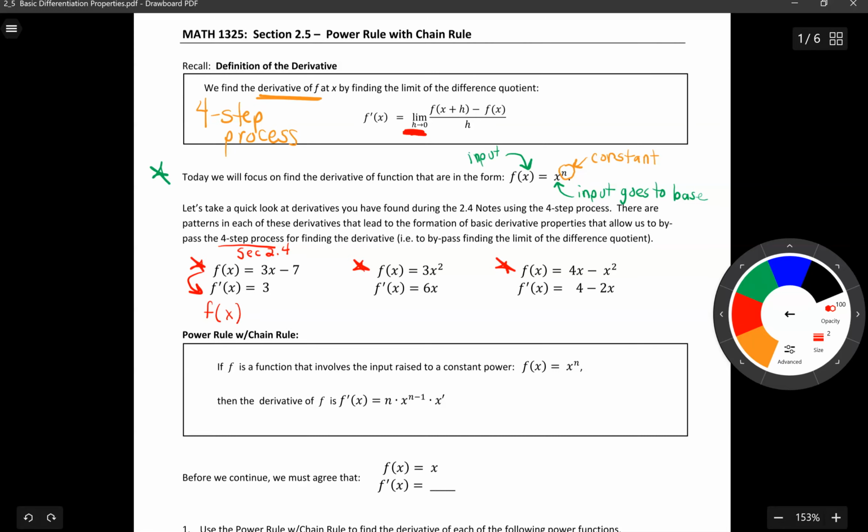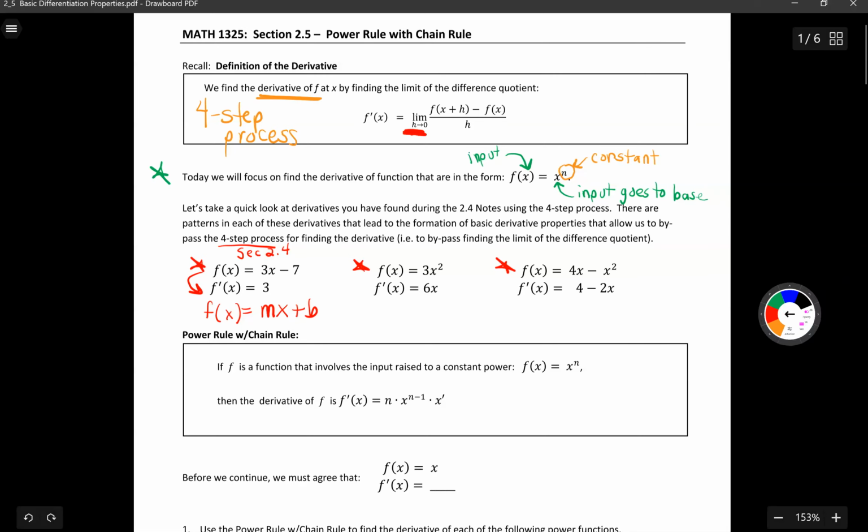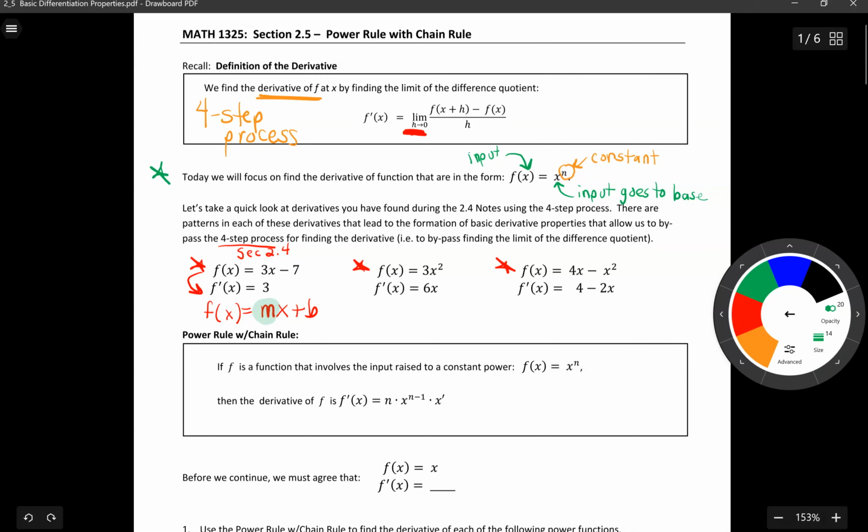We know that if a linear function is of the form mx plus b, the derivative is the same as the slope of the line. The slope of the line is constant. So we did that 4-step process just to tell us what the slope was, which we already knew. We did it just to prove it worked, and we saw it's the same thing as the slope.